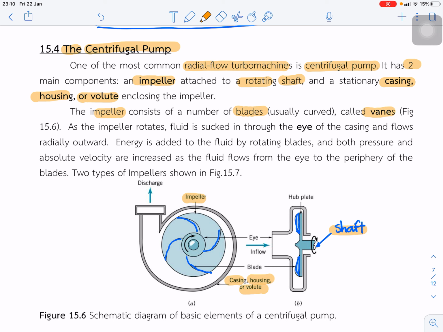As the impeller rotates, fluid is sucked in through the eye.